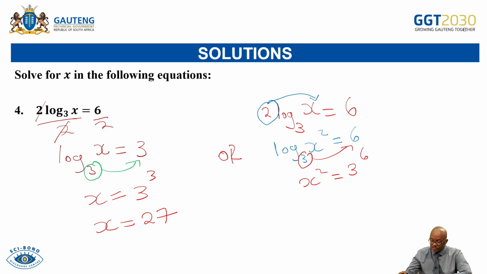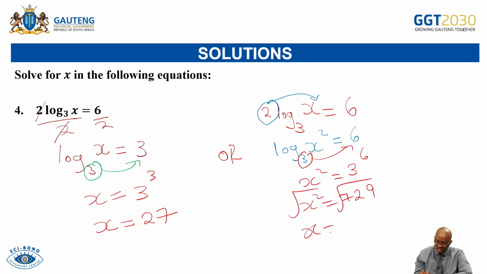So if you say 3 to the exponent of 6, you're going to have x squared, which is equal to 729. Then we introduce the square root, you are going to get 27. So those are two ways of dealing with this. As long as your operations of mathematics are correct, you will definitely arrive at the same answers.